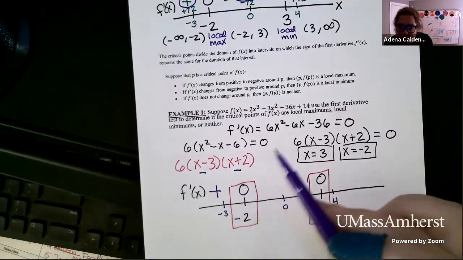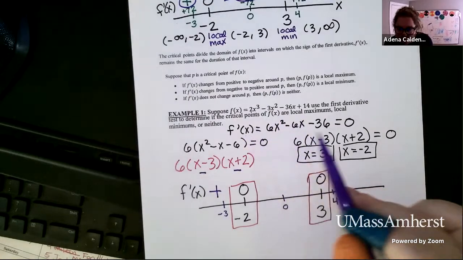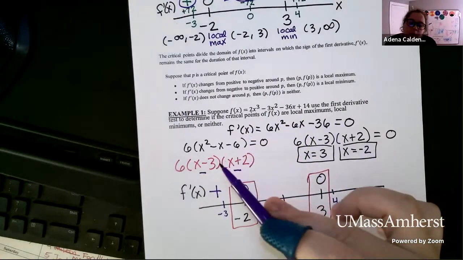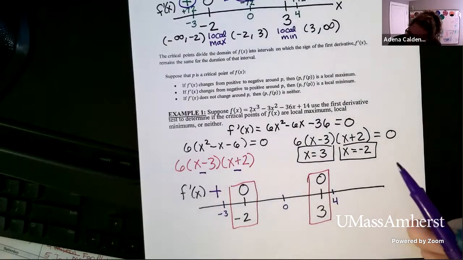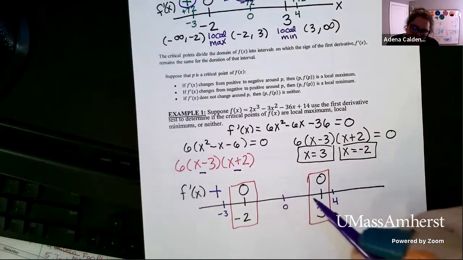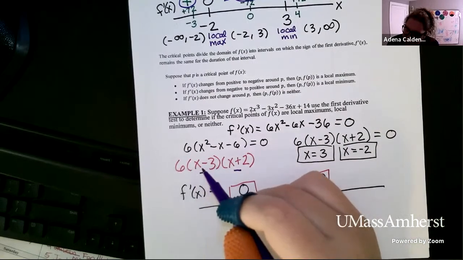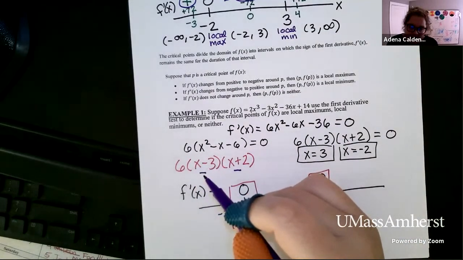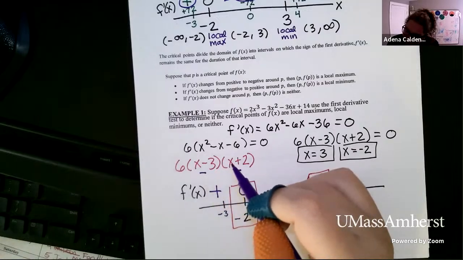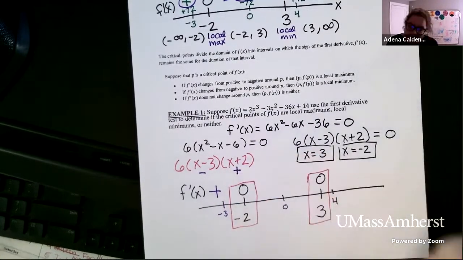If you don't want to plug it back into the full derivative function, you can just look at what the signs of the factors will be to figure out the sign for the interval. So if we did the same thing for 0, 0 minus 3 will be negative, because that'll be -3. 0 plus 2 will be 2.